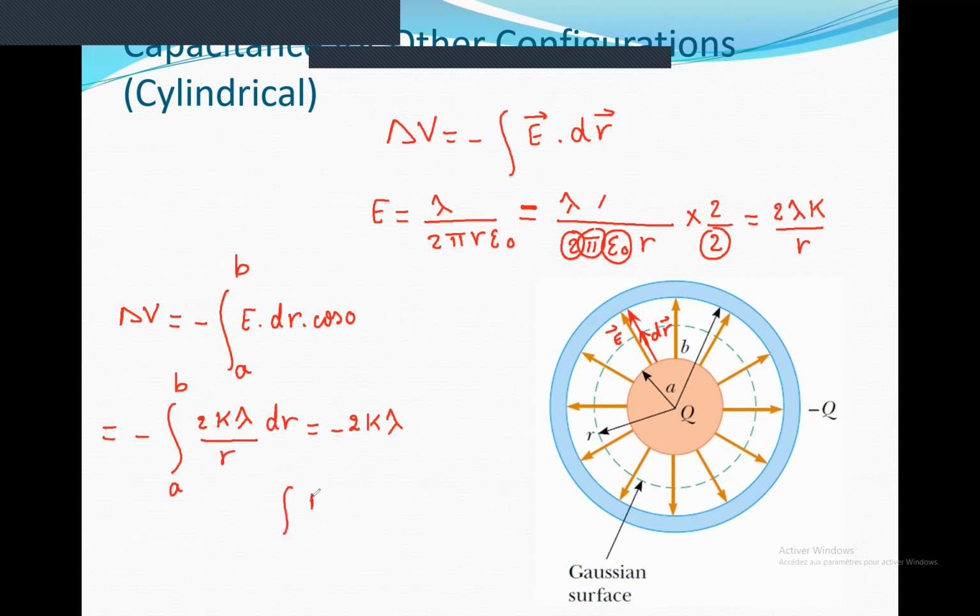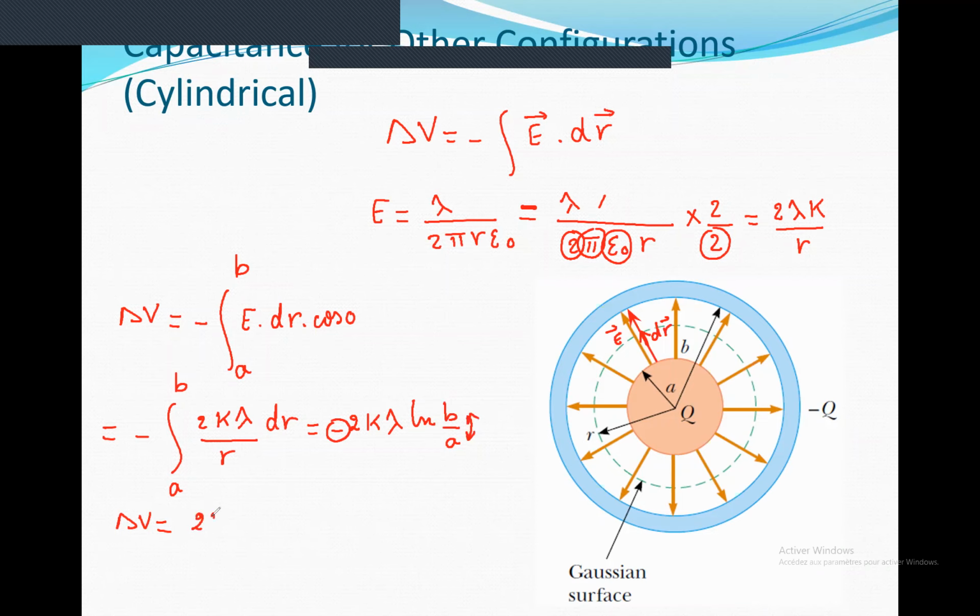The integral of dr divided by r equals ln r, between A and B. So we can write ln B minus ln A equals ln B divided by A. So finally ln B divided by A. Here we can say finally delta V equals, we can eliminate this minus and we change A and B.